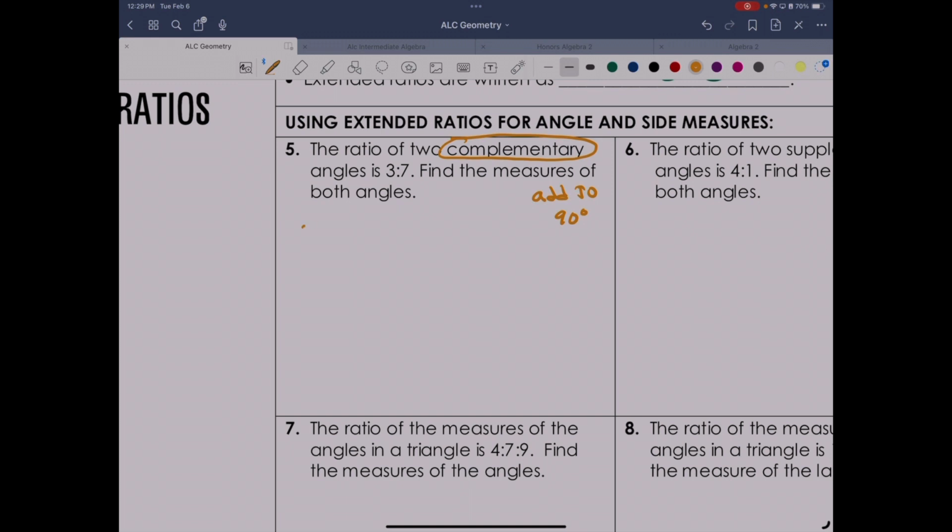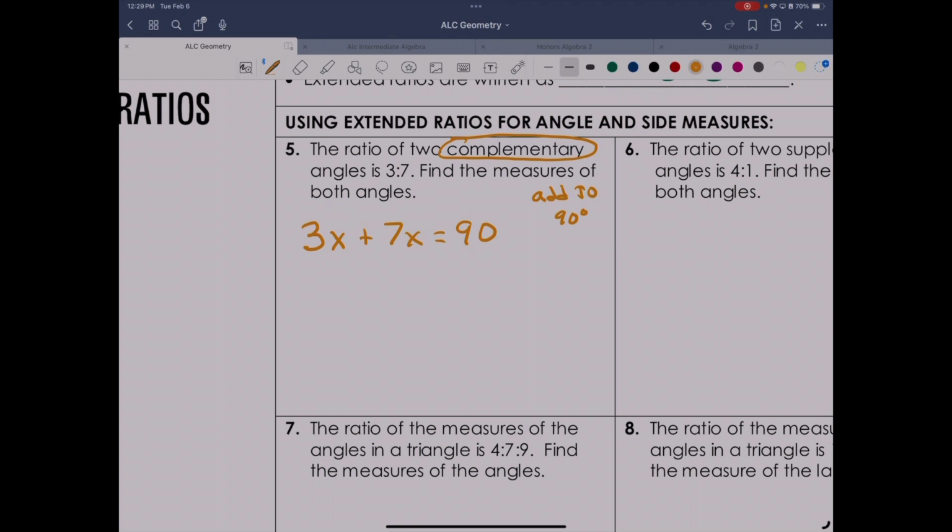So to do this question, what we're going to do is take our ratios and put an x after it. And the measure of that angle and the measure of that angle have to be complementary. Okay, so 3x plus 7x has to be 90. They have ratios of 3 to 7.